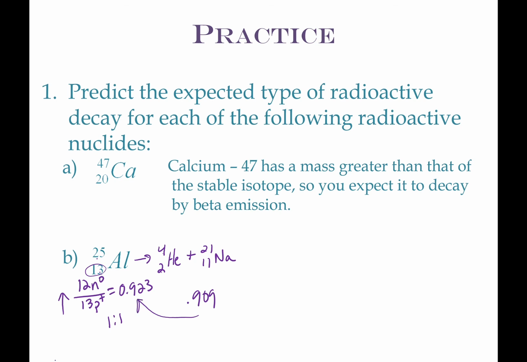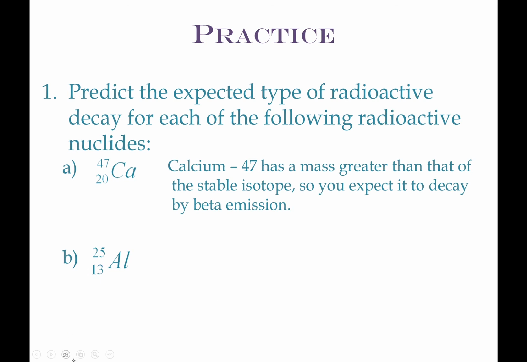So what happens instead if we do beta emission? Oh wait, sorry, not beta, I'm sorry. Positron. Positron is what I meant to do here. A positive electron, right?